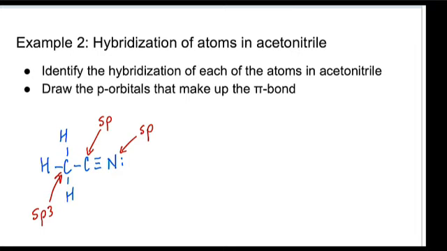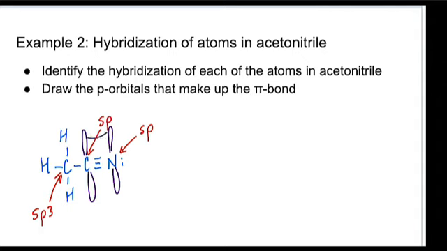And we want to think about the location of p orbitals that would make up pi bonds. And so we've got 2 parallel p orbitals here, causing 1 pi bond formation.